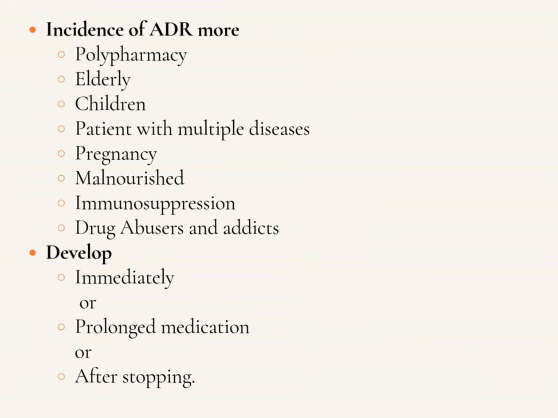Pregnant women require special attention because some medicines can affect the developing fetus. Patients with multiple diseases, malnutrition, immunosuppression, and drug abuse are also more susceptible. Remember that ADR can occur immediately after taking a medicine, after prolonged use, or even after the medicine has been stopped.